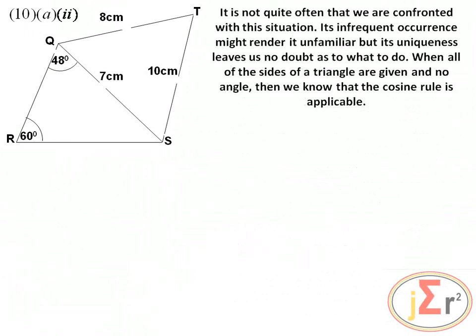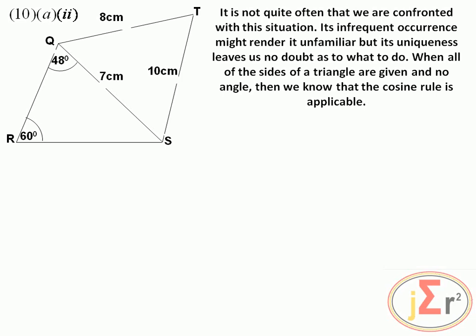It is not quite often that we are confronted with this situation. Its infrequent occurrence might render it unfamiliar, but its uniqueness leaves us no doubt as to what to do. One advantage, one disadvantage.